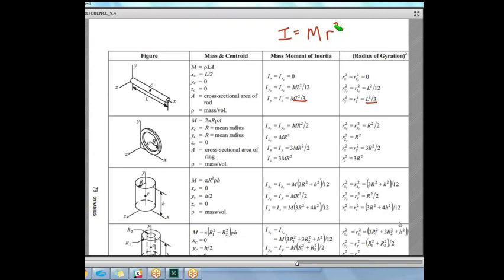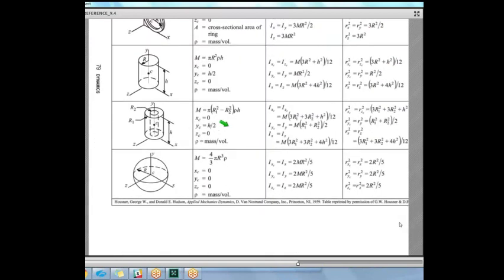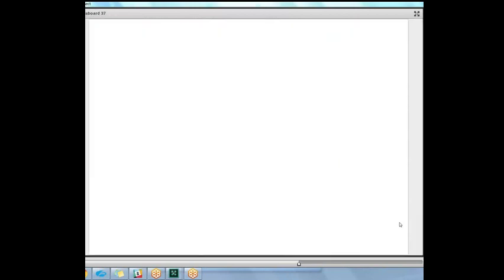Now there's one more thing we can do with this. What if we have, in our example here, and I want to draw your attention one more time to this equation for a sphere, 2m radius of the sphere squared divided by 5. Just note that I'm going to use that equation here in a moment.